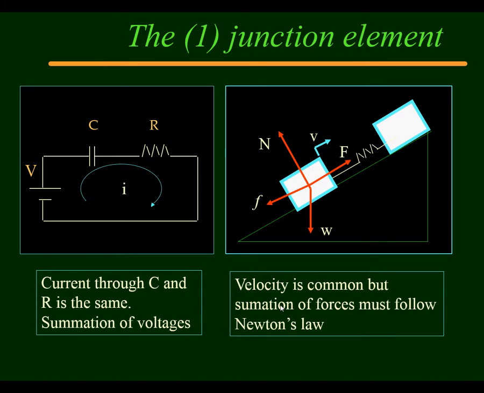The last component of those nine is the one junction. The one junction, as you can see in the picture on the left-hand side, means a common flow. This is a common flow junction. That means you can have in here, this flow is the same, and you could actually build the system around this. You say constant flow, and in here, this is my R element.